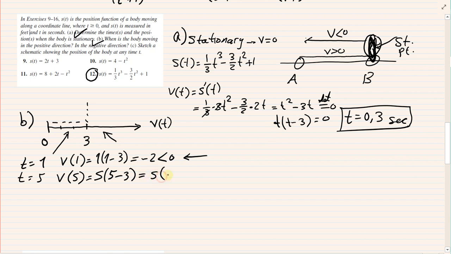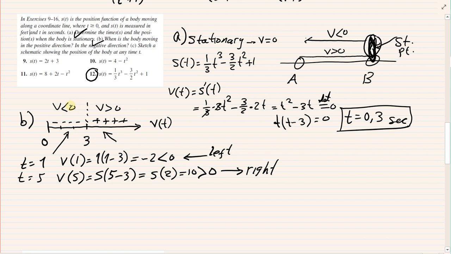And that's 5 times 2, or 10. Don't worry about the magnitude of that. All we need is the sign. Positive, so it's moving to the right. Left on top, right on the bottom. So velocity is negative, then velocity is positive, and that answers part B.